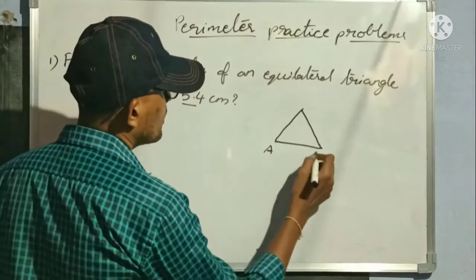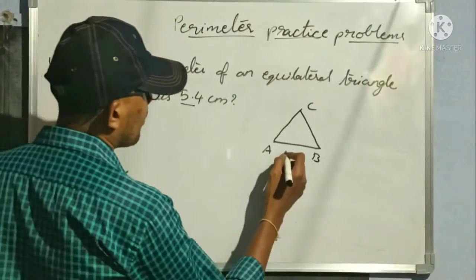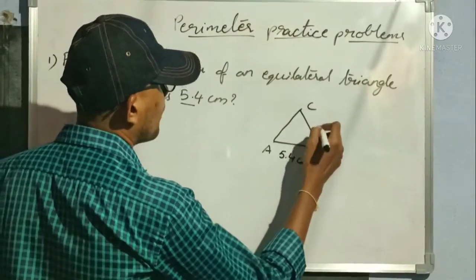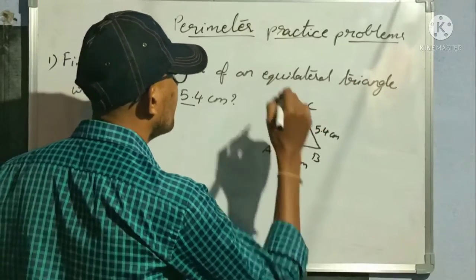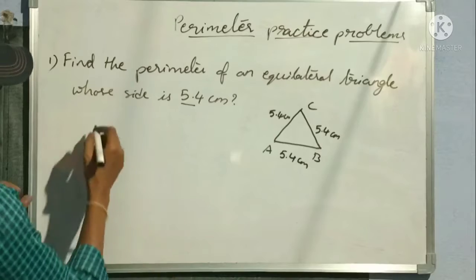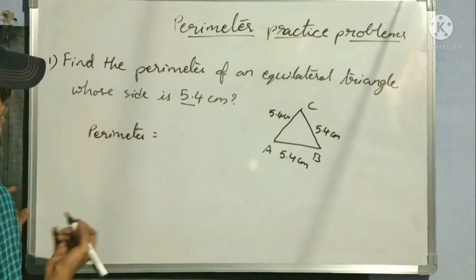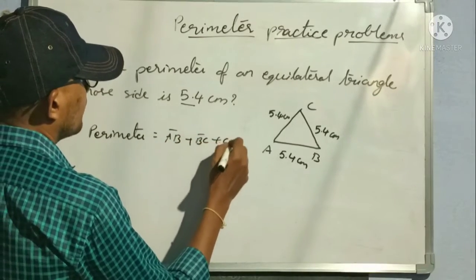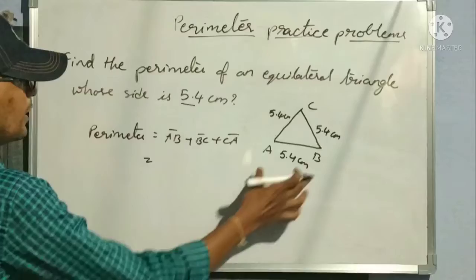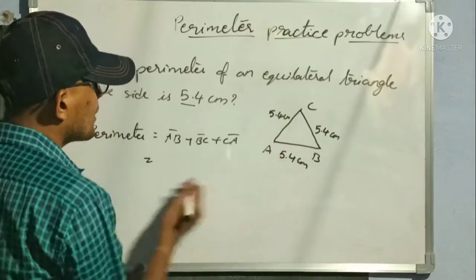So let us suppose this triangle is ABC. And you don't know the formula. And you know every side is 5.4, right? So 5.4, 5.4, 5.4. So the perimeter is equal to the sum of all sides. So AB plus BC plus CA. Right? Three sides are there. So AB, BC, CA, and we know that all sides are equal.